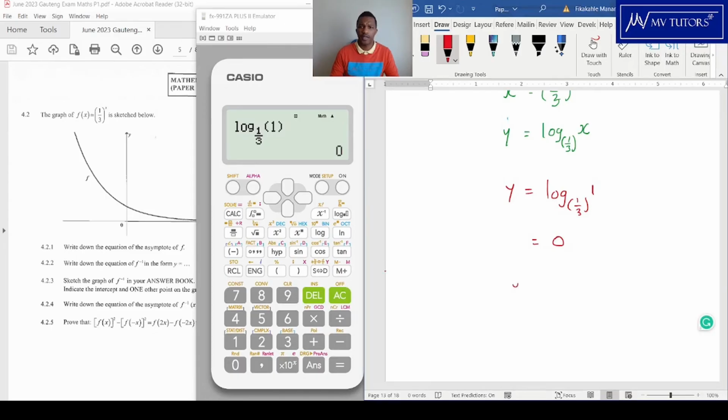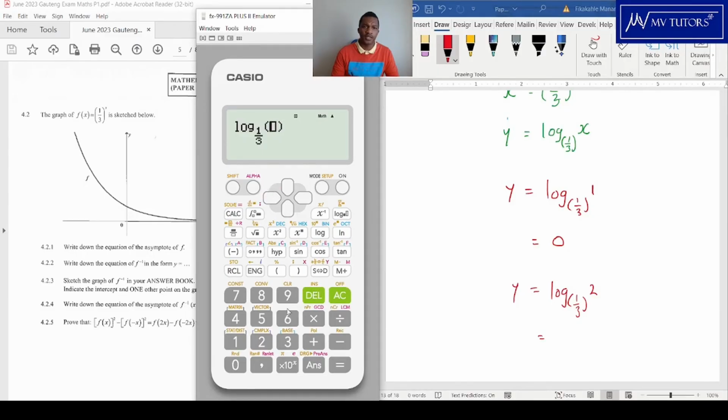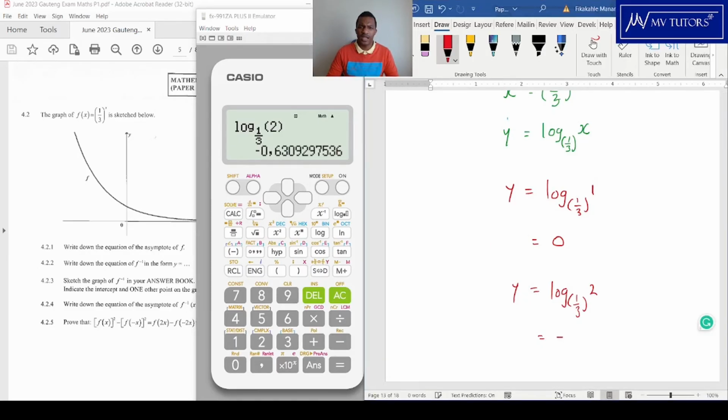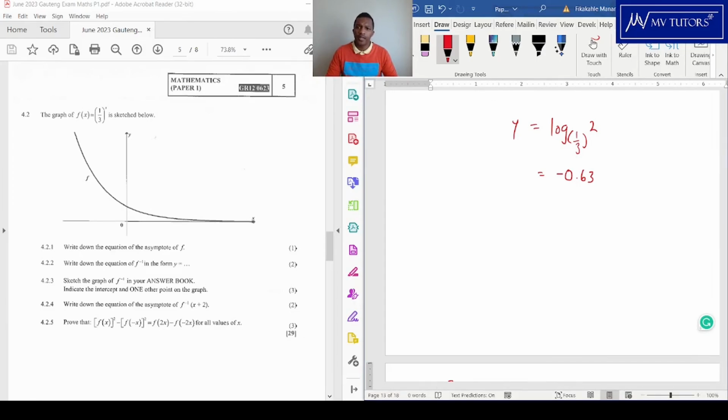You can put a point, but let's try 2. So log base 1 over 3 of 2. It's giving us a negative value. Well, that's not a perfect number, so let's keep going.